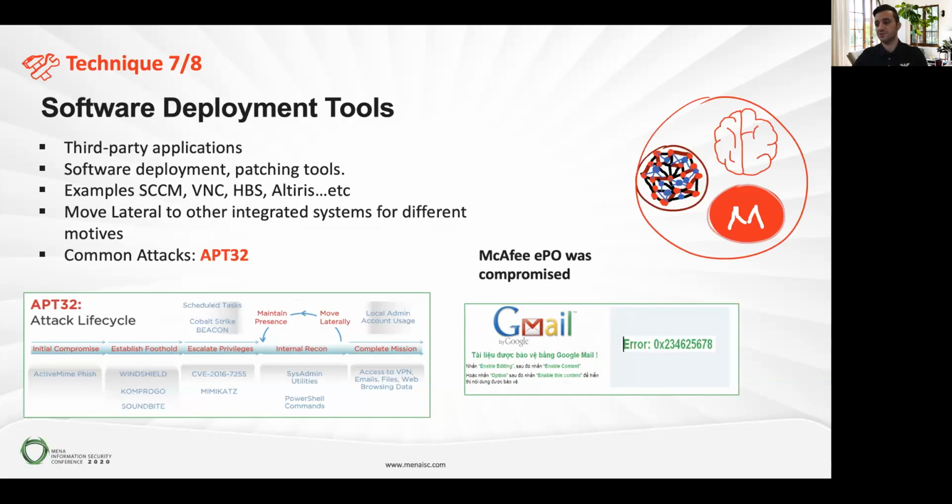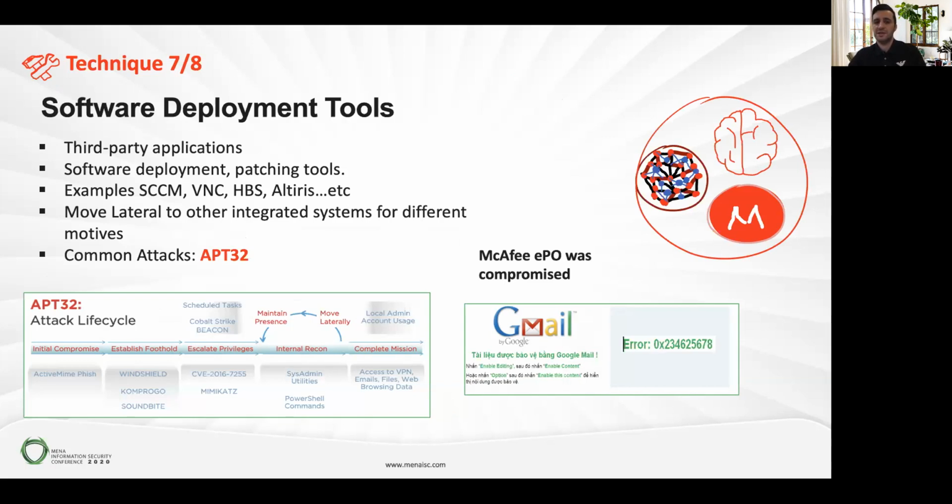Software deployment tools. This is also one of the destructive techniques in lateral movement. So in this technique, the adversaries will move laterally by gaining access to third-party tools used for administration, for monitoring, for deployment, for patching, maybe within your environment.